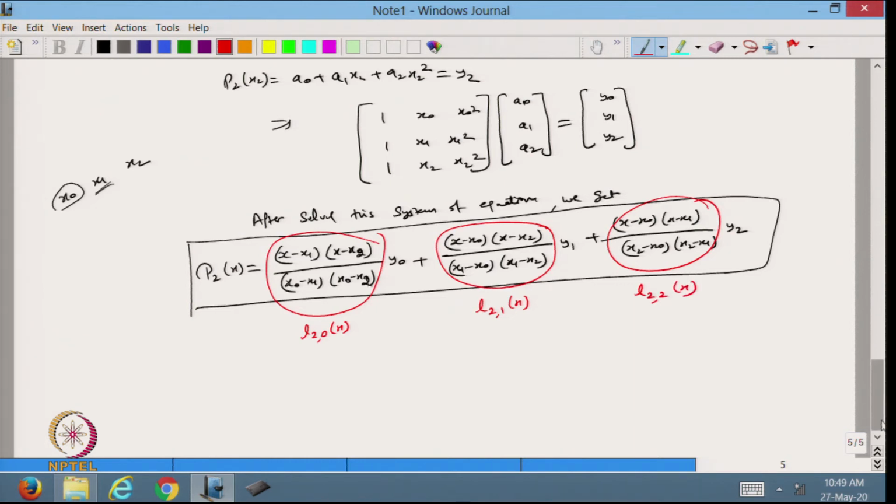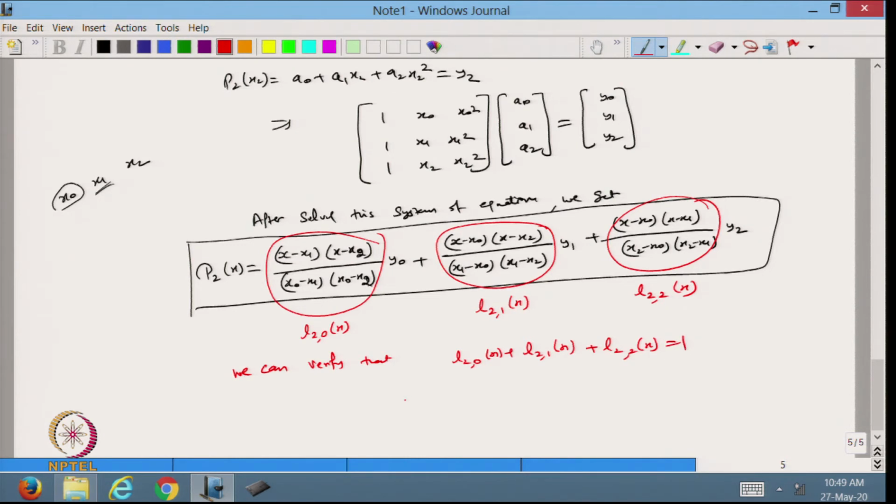So from here we can verify that L20(x) plus L21(x) plus L22(x) is equal to 1 if I take the sum of these.